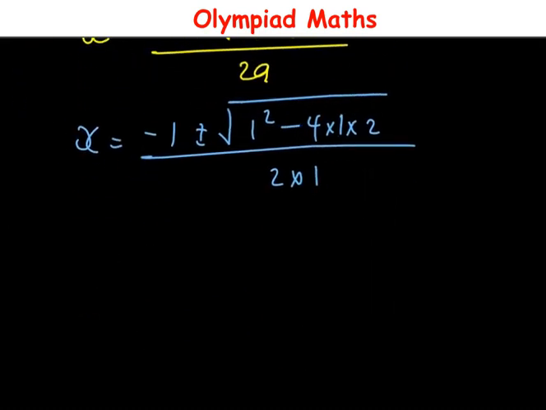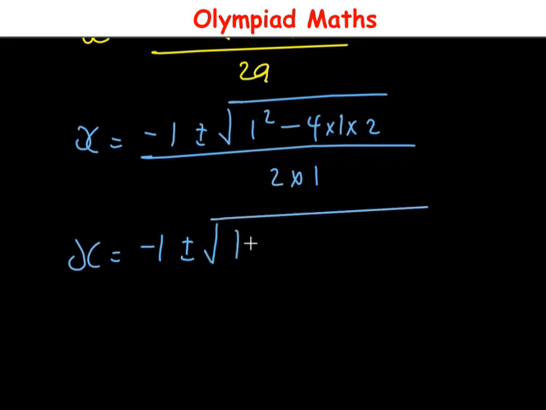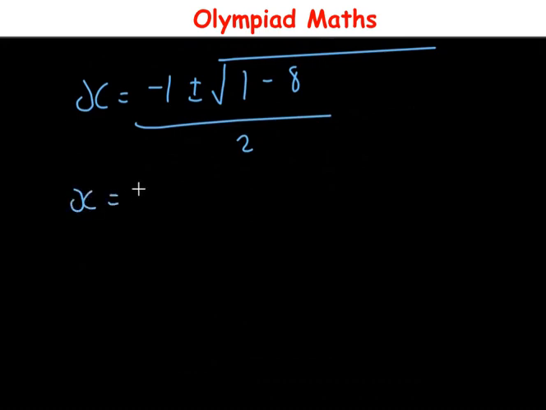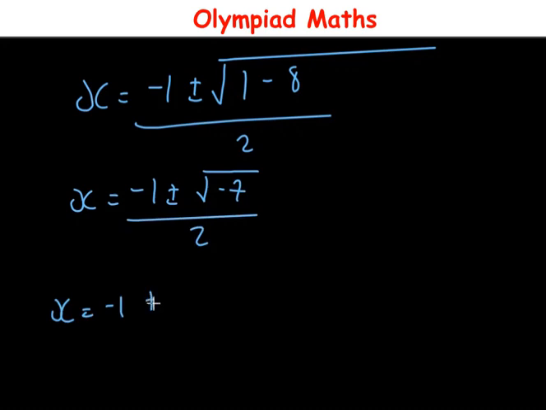And from here, the solution for x is equal to minus 1 plus or minus square root of 1 squared, which is 1, minus 4 times 1 times 2, which is 8, over 2 times 1, which is 2. With this, the value for x is equal to minus 1 plus or minus root of 1 minus 8, which is minus 7, over 2. So x is equal to minus 1 plus or minus, this can be written as root 7 times root minus 1, all over 2.